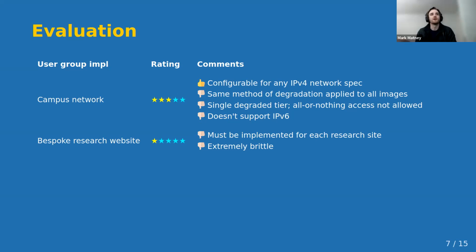And then for the bespoke research website implementations, it's very specific to the Sinai Manuscripts digital library, and basically copies the implementation details underlying the credential issuing and cookie encryption. So it's pretty brittle. Although I think that it's possible that it could have been implemented in a more generic way with auth 1.0.